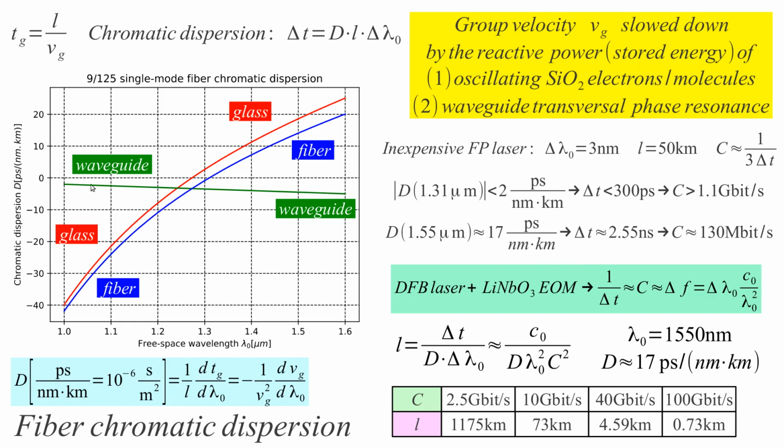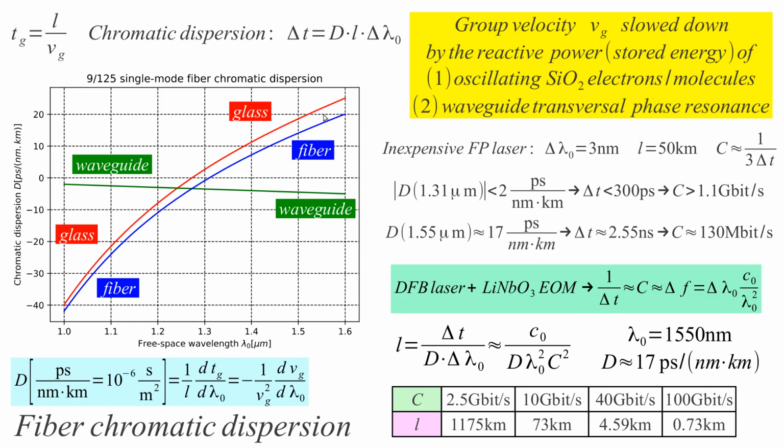While for shorter wavelength, almost all of the field is in the core. And this shift of the field from the core to the cladding also changes both the phase velocity and the group velocity. So these two curves, red and green, subtract to get the blue line for the fiber.